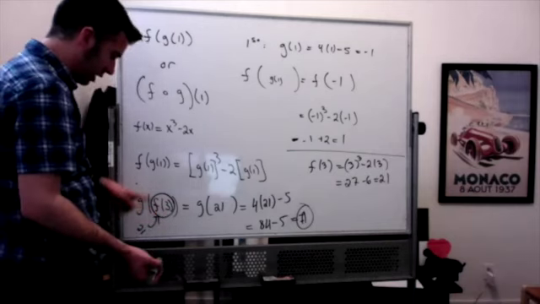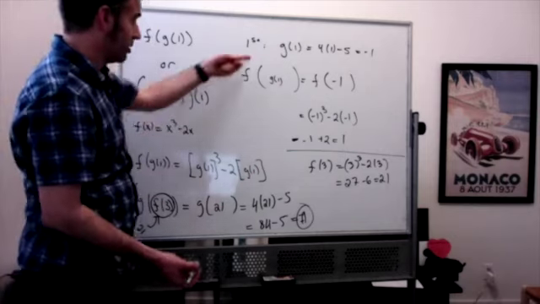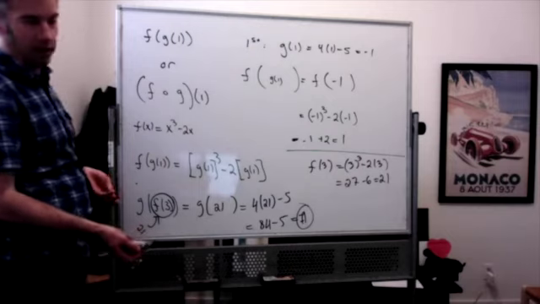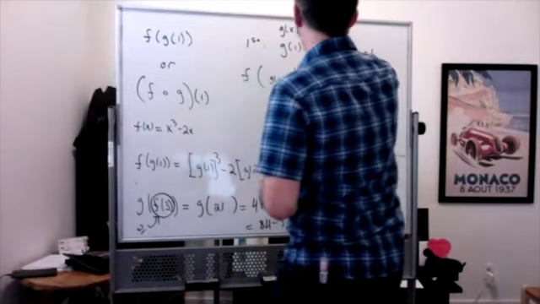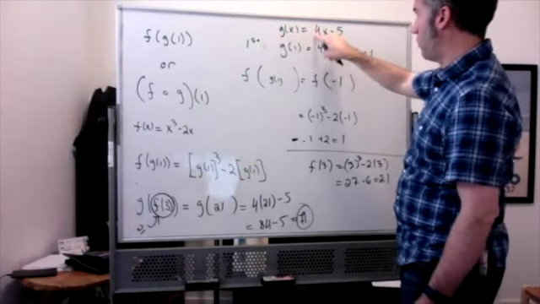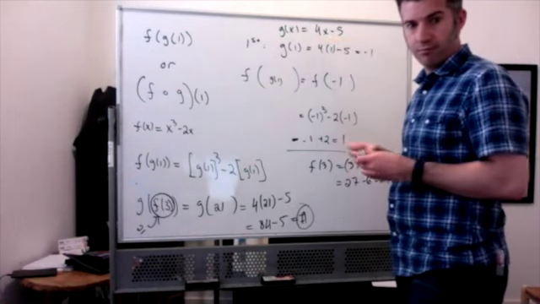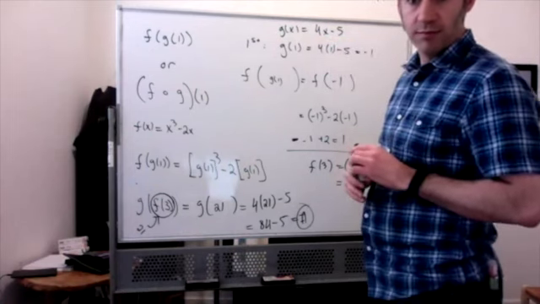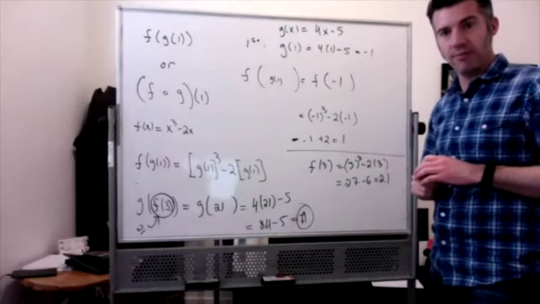So g of f of 3 is g of 21. Then we plug that into the g function, which is 4x minus 5. I know it's not written on this side, but g of x is 4x minus 5. So g of 21 is 4 times 21 minus 5. So then 79 would be our overall answer. Correct. g of f of 3 is equal to 79.